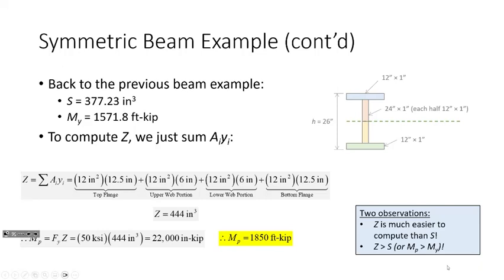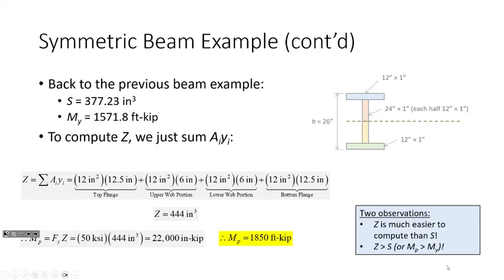Not only is it where the centroid is, but it also happens to be where the area above that line equals the area below that line. Does that make sense? The reason that those two are in the same place is because the section is symmetric.